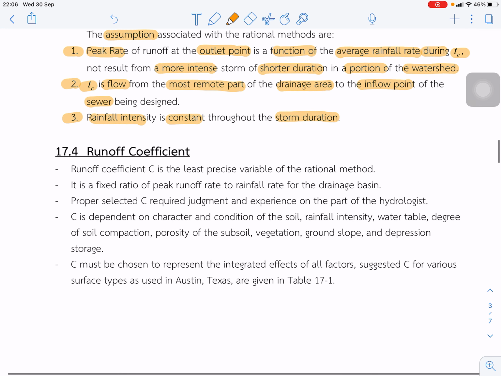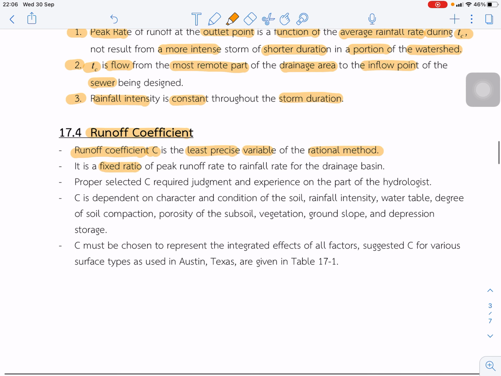Next topic is the runoff coefficient. Runoff coefficient is the least precise variable of the rational method, okay, and it's a fixed ratio of the peak runoff to the rainfall rate for the drainage basin, and proper selection of C requires judgment and experience on the part of the hydrologist.